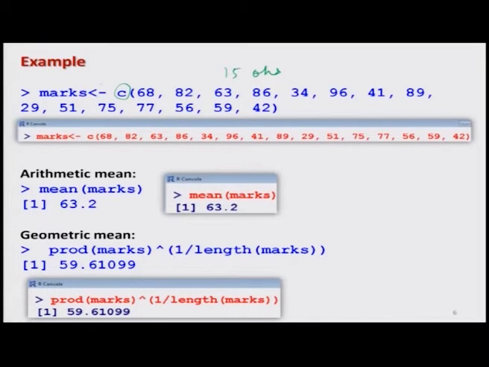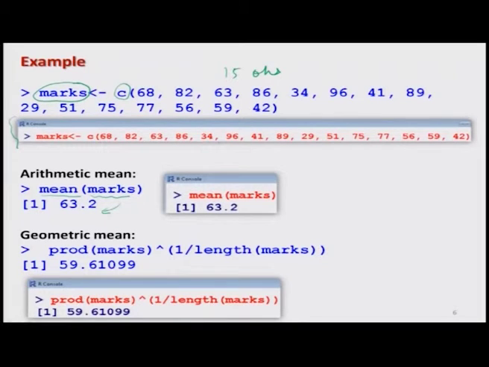So, I call it a vector marks and I store it in R. You can see here is a screenshot of this vector. Then in order to find out the mean, that is the arithmetic mean, we simply use the command mean, and inside the argument the data vector, which is here marks. You can see here the value 63.2.